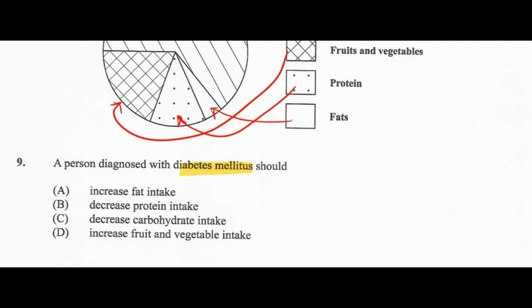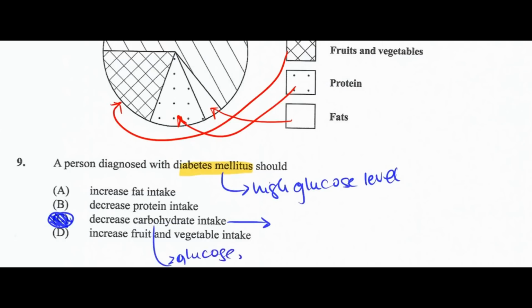The ideal thing is to reduce carbohydrate intake, because having diabetes means you have high glucose levels, a high sugar level in your blood. Well, that's hyperglycemia, but that's the general idea. Carbohydrates are broken down into their monomer, which is glucose, which is sugar. So you want to decrease your carbohydrate intake.